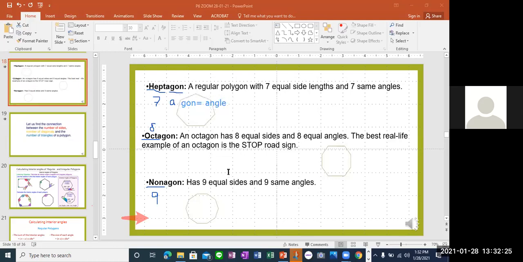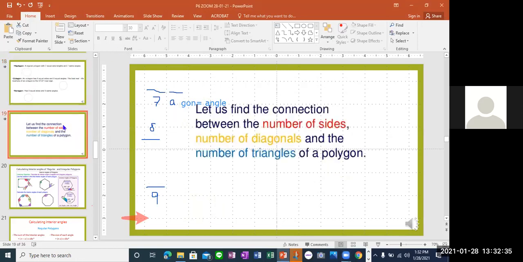Now let's move on to the next one. So this time, let's talk about the connection between the number of sides and the number of diagonals. For example, you have a square.